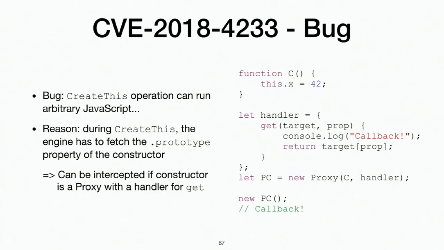So here's my pseudocode. You have this function C, which is the constructor. Then I put a proxy around it that intercepts property loads, and then I call it as a constructor. Now it's creating the object that it's constructing, and at that point it's running arbitrary JavaScript because I'm intercepting property loads. That's really the unexpected callback in our example.